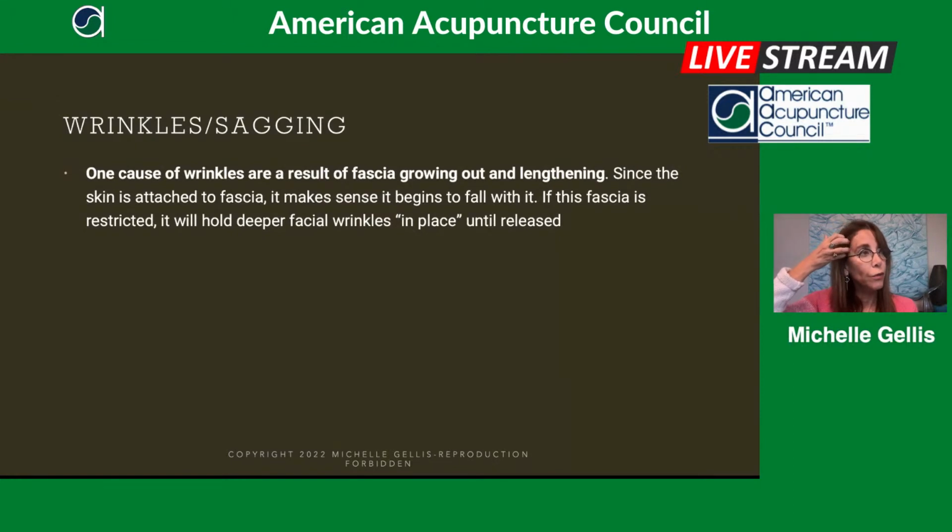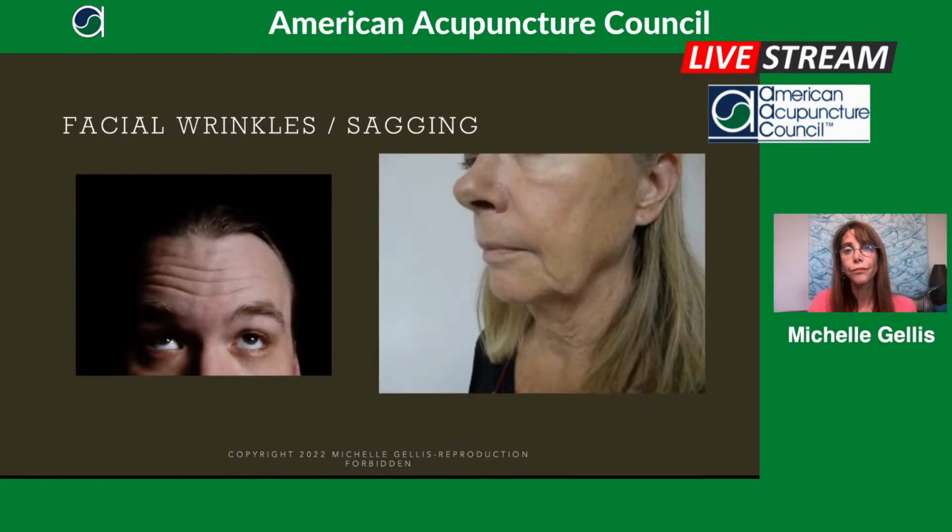We see it a lot in people's foreheads, and even sometimes around the eyes with crow's feet, or the lips, and also with jowling. And I'm going to talk about a couple of ways that we can help with this, but sometimes wrinkles and sagging are reversible just by doing things to the fascia layer.